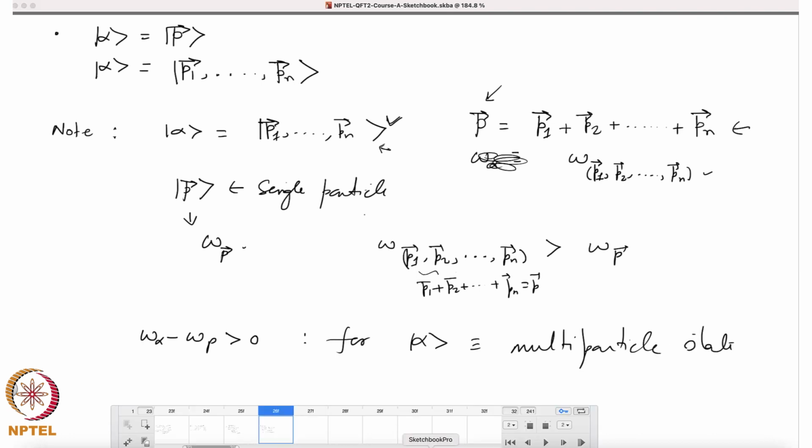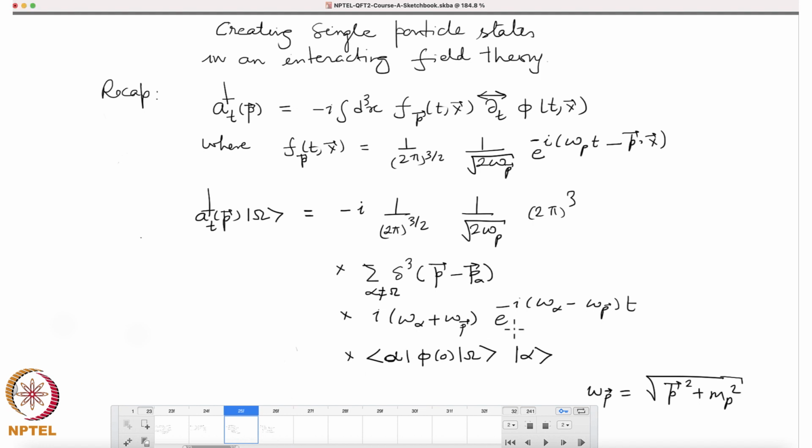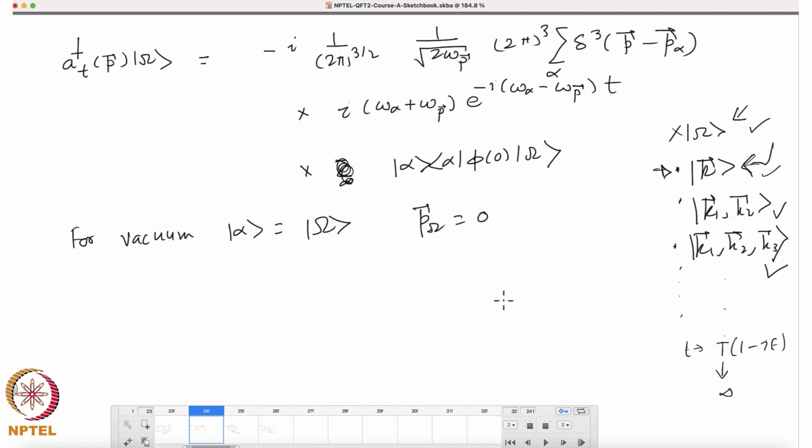Let's see how to utilize this, but before I can do that, I have to make one correction. There is a mistake somewhere here. Yeah, here. This sign is not correct. It should be plus. So make this correction.